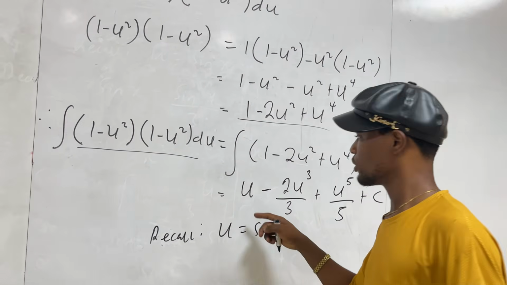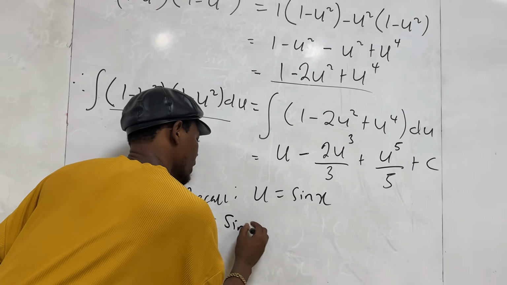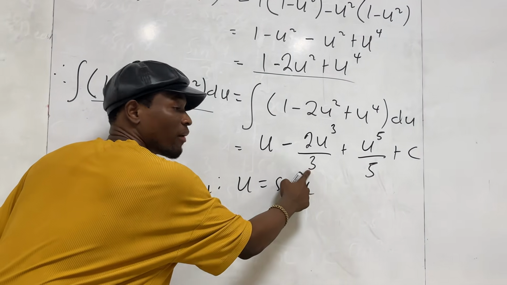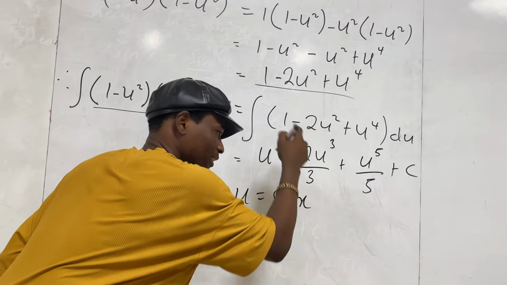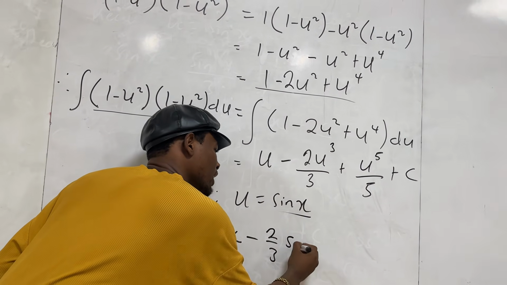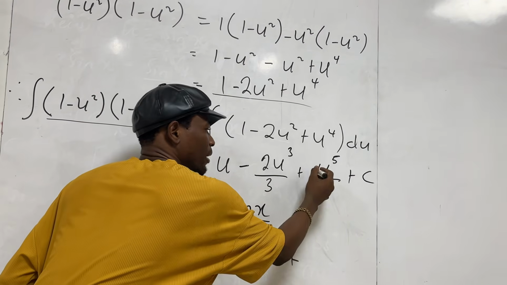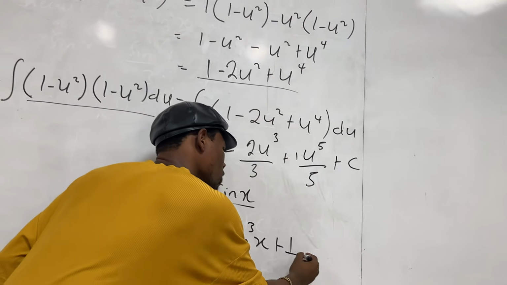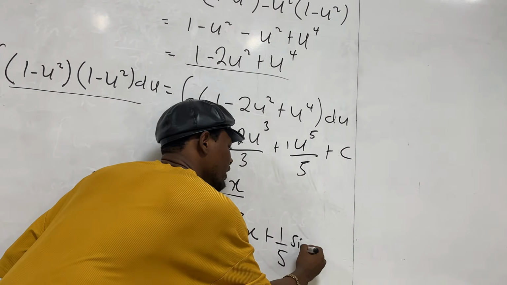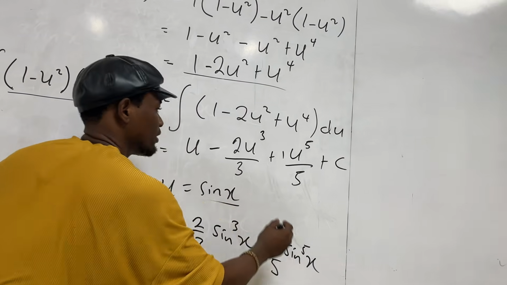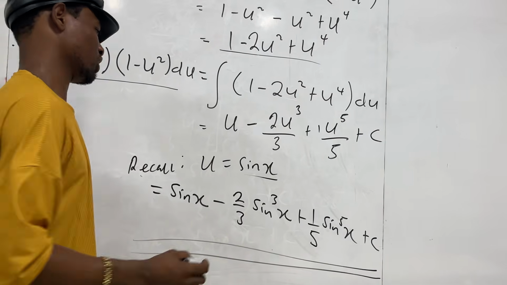So the final answer becomes u, which is sine x, then minus 2 over 3 times u to the power 3, which is sine to the power 3 of x, then plus 1 over 5 times u to the power 5, so I have sine to the power 5 of x, then plus my constant of integration.